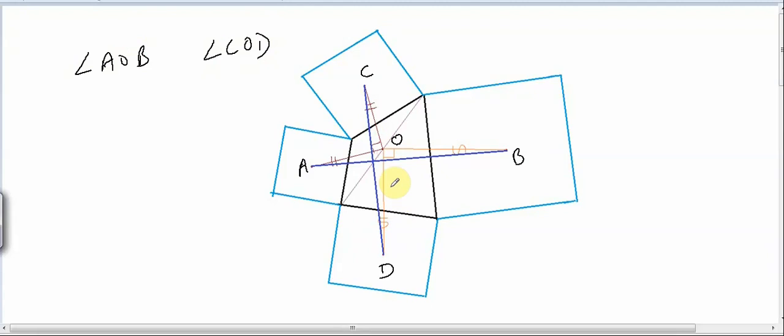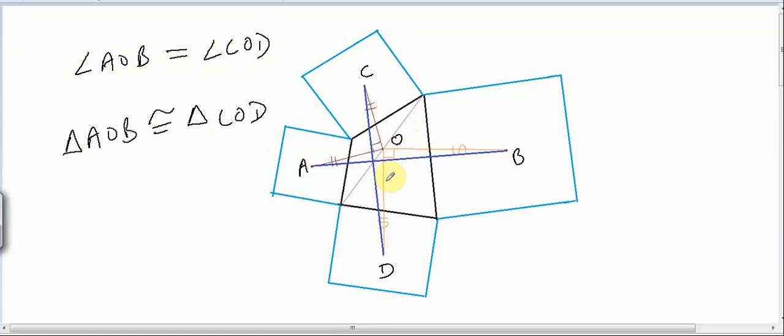So angle AOB is 90 plus x, angle COD is also 90 plus x, and therefore they are equal. So I can put an equal sign over here. These two angles are equal, sides are equal, so you have triangle AOB congruent to triangle COD, side angle side test.